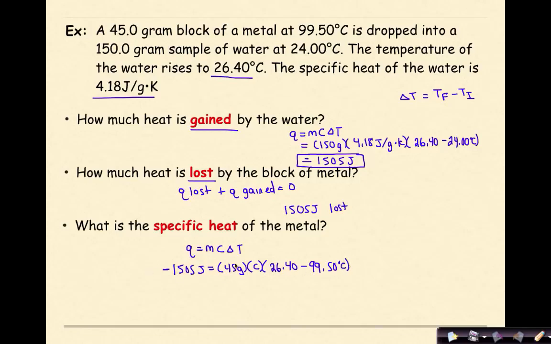And I put this negative here on purpose because when I take the difference in these two numbers, I'm going to get a negative number, and specific heat needs to be a positive value. So when I work this out and I solve for specific heat, I find that the specific heat of my metal here is 0.457 joules per gram Kelvin. And that is the specific heat of my metal.